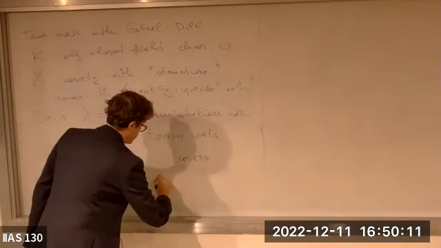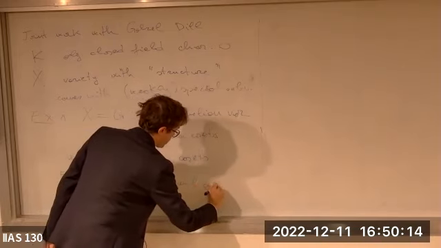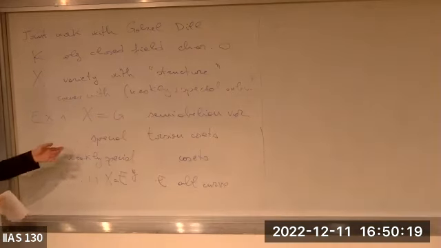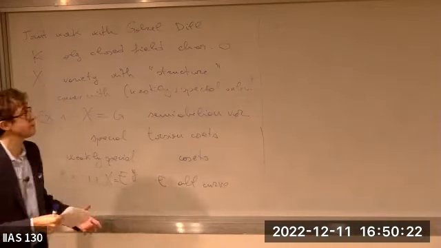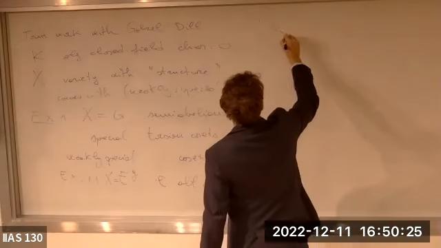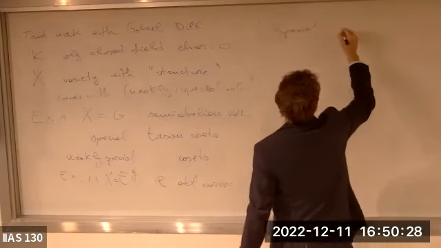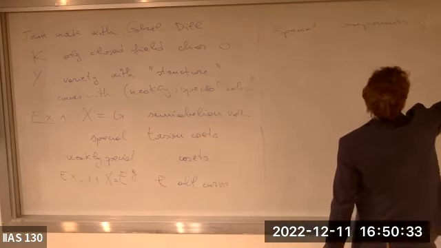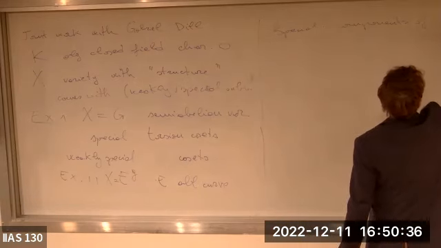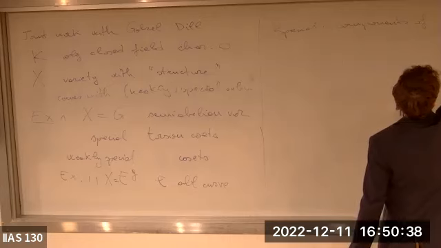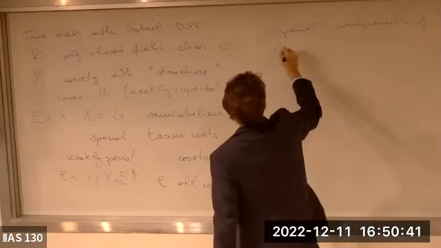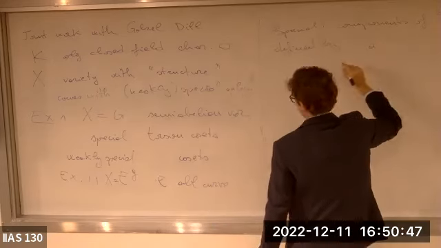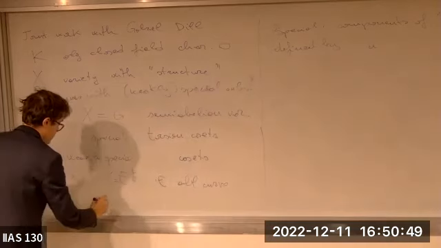So this A is an elliptic curve, and this would be your X. And just to give you an example of what special and weakly special subvarieties are in this case. Special subvarieties are components of algebraic subsets defined by relations.